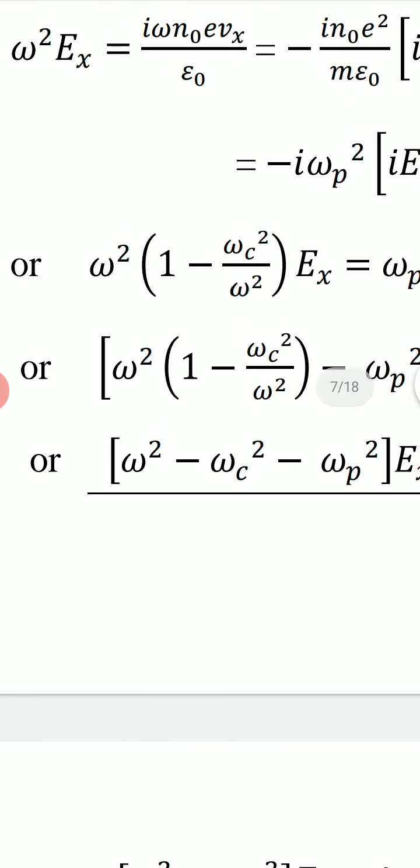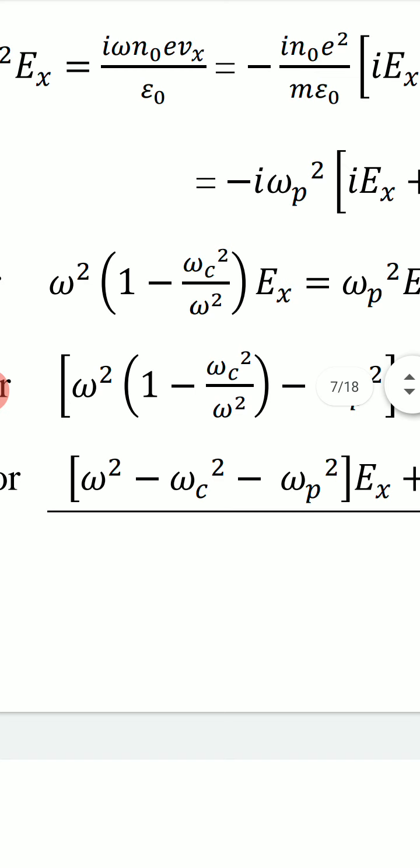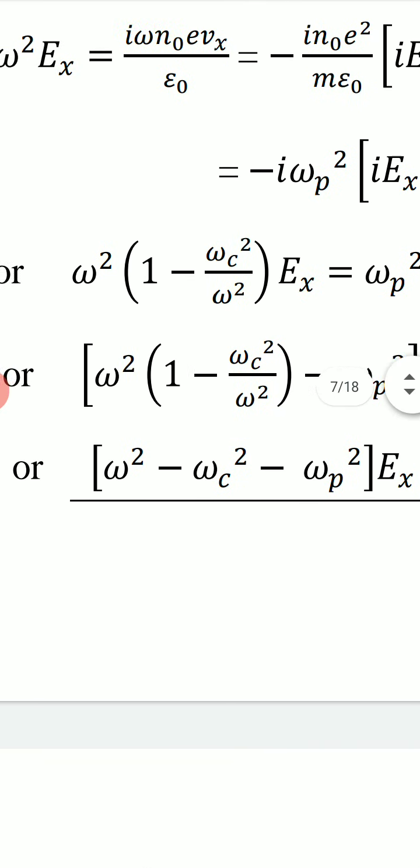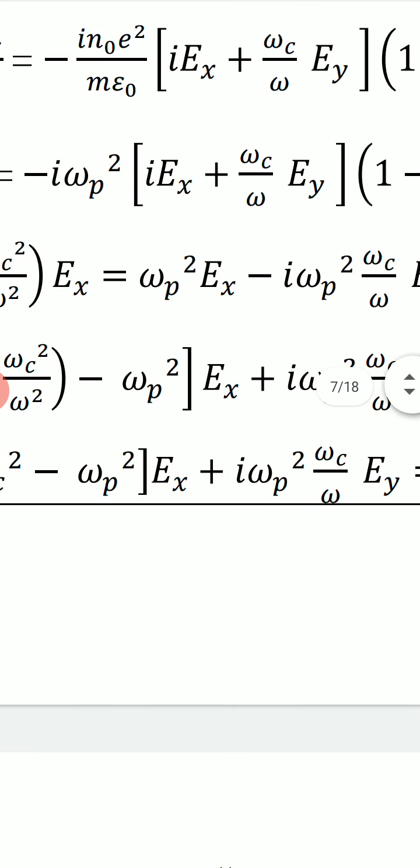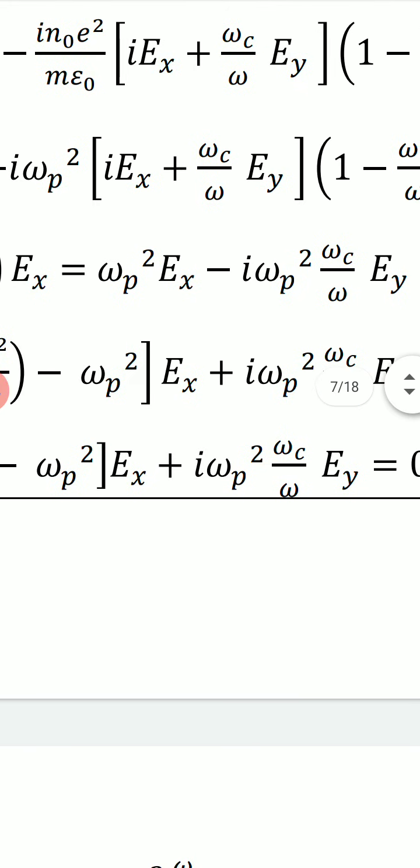It will become omega square into (1 minus omega c square upon omega square) into Ex equal to omega p square Ex minus i omega p square omega c upon omega Ey.